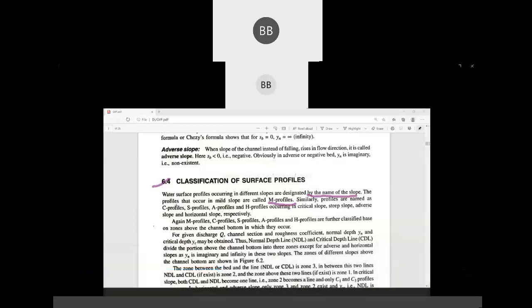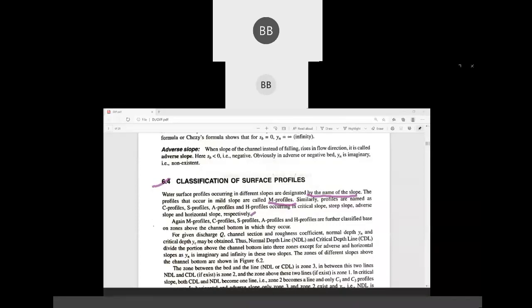The profiles occurring in critical slope are called C profiles. If it is in steep slope, then it is called S profiles. If it is in adverse, then it's called A profiles. And similarly for horizontal slope, it's called H profiles, respectively.